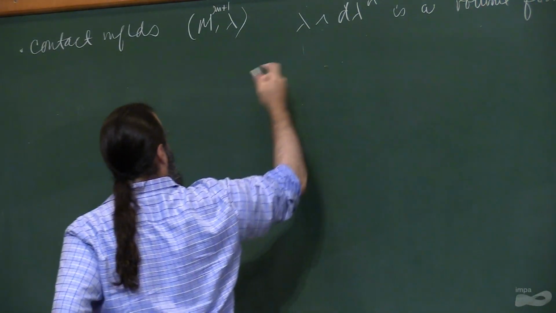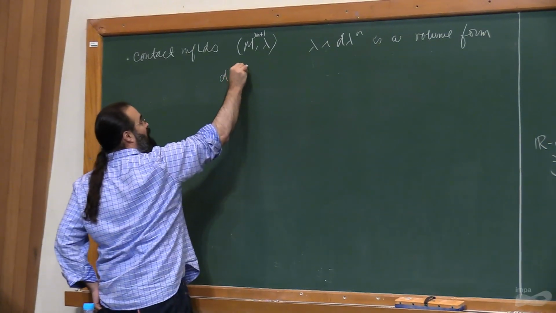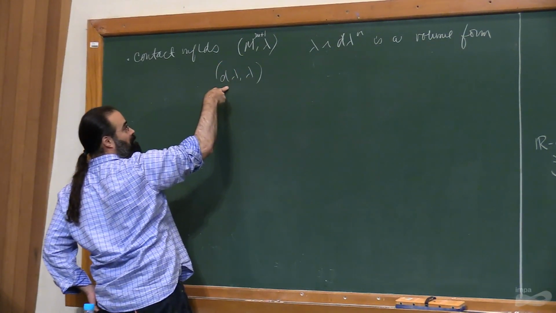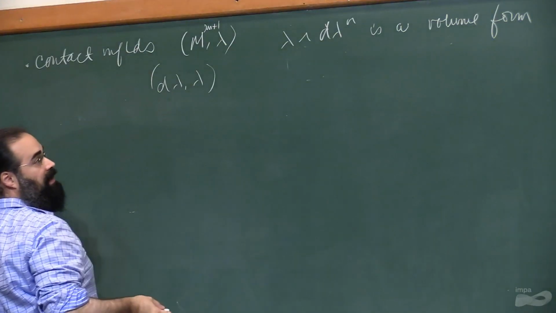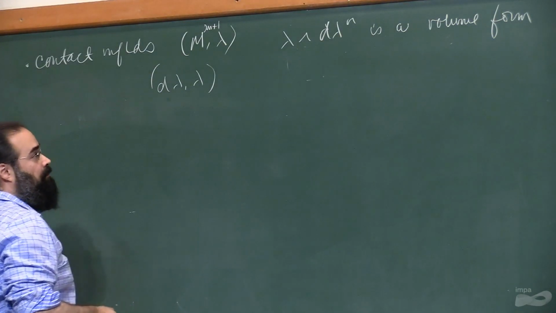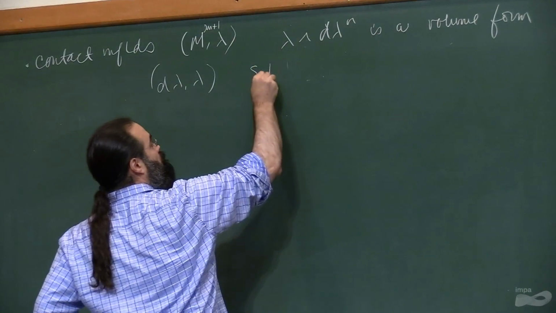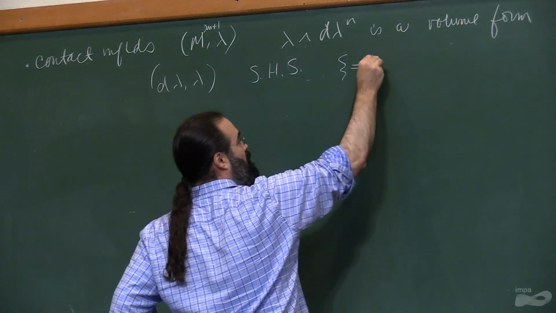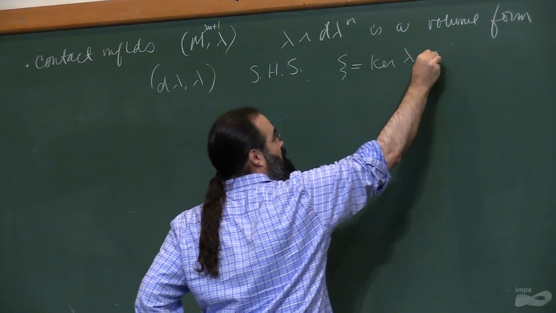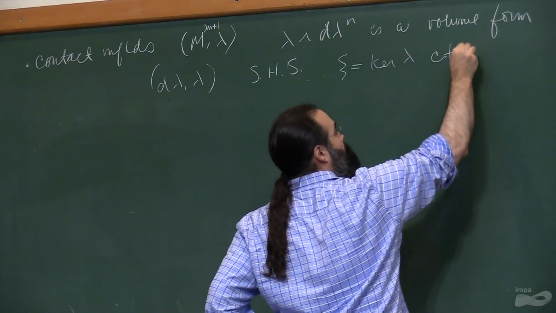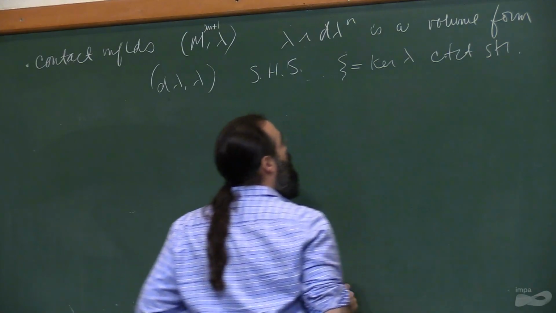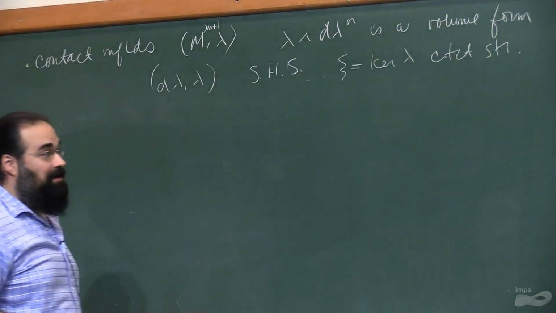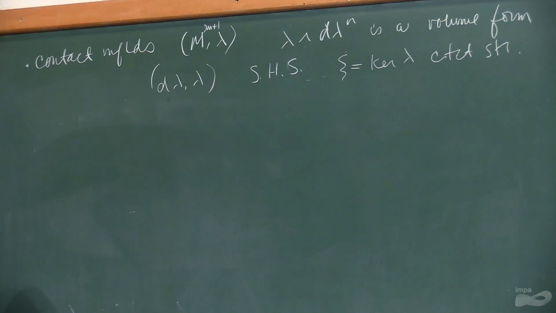Okay, and so in this case, the pair d lambda, lambda, or in other words, omega equals d lambda, gives me a stable Hamiltonian structure. So in this case, the hyperplane distribution C is just the kernel of lambda. That's what's known as the contact structure. And the Reeb vector field is what traditionally in contact topology has been known as the Reeb vector field.